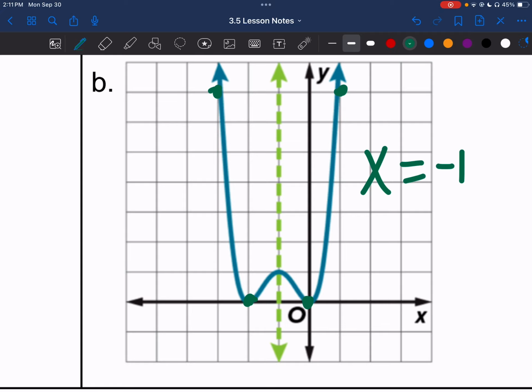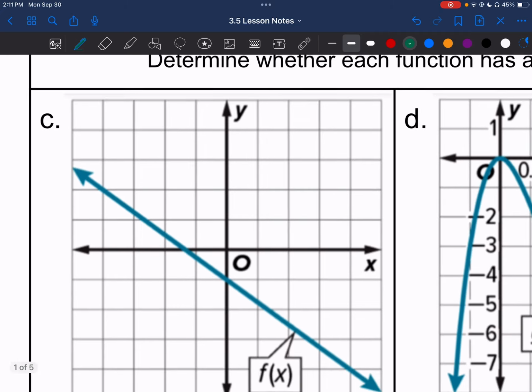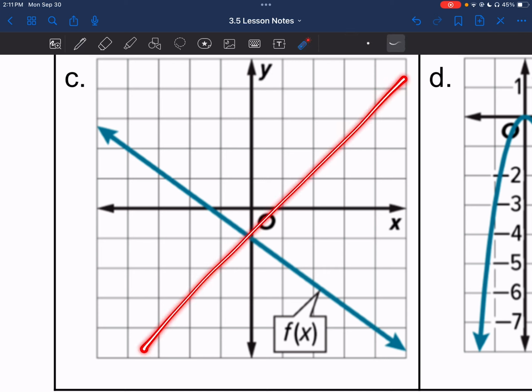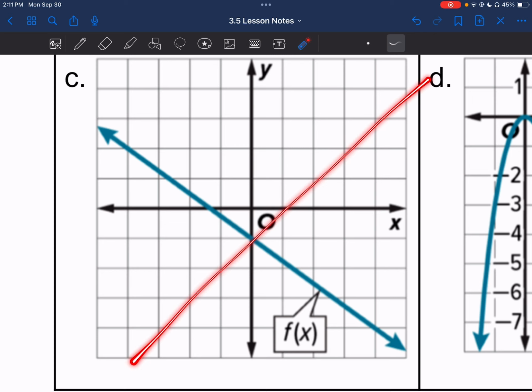Now, letter C, we're told we need to determine whether there is a line of symmetry, and if so, write and draw it. Now, as I look at this, some of you might say, well, your line of symmetry is like here, because then you have one side matching the other. But we were told that a line of symmetry, or an axis of symmetry, is a vertical line.